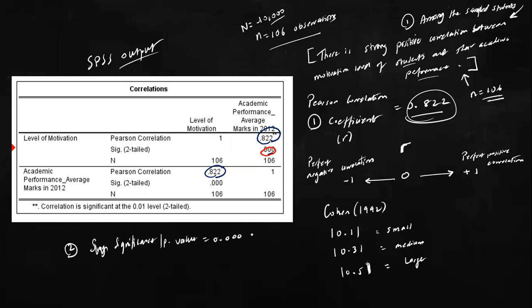And for this, we just need to compare it with our significance level. So normally we use 0.05. So if it is less than 0.05, basically you will reject your H0. I'm not going through that in detail here, but obviously your H0 here is that there is no correlation between those two variables, that is motivation level of students and academic performance.